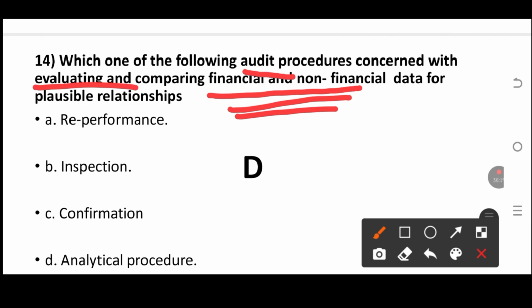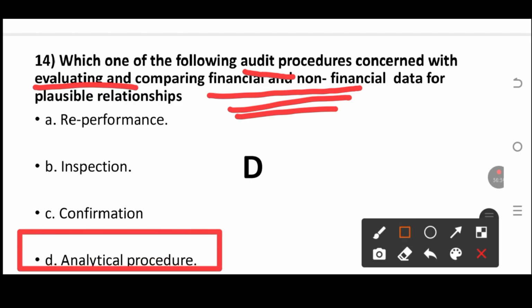For comparing financial and non-financial data, basically, the analytical procedure is the audit procedure. So the correct answer is the analytical procedure.